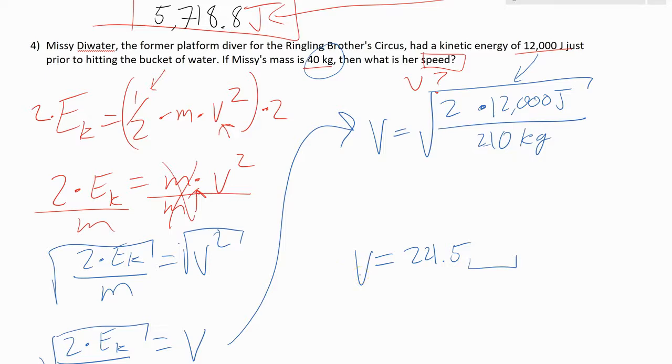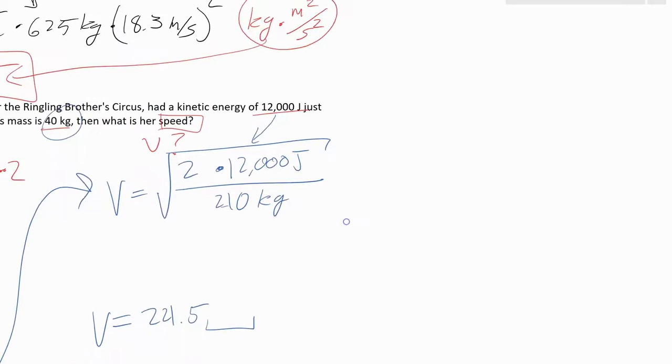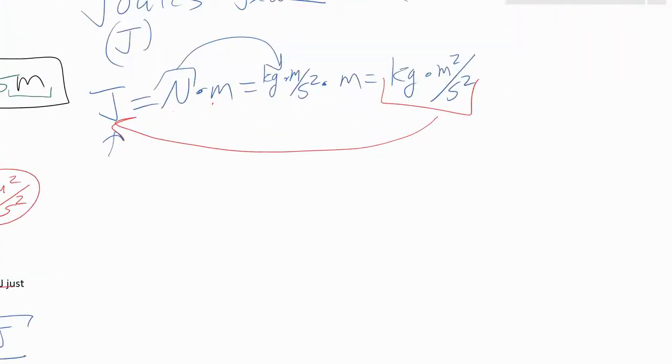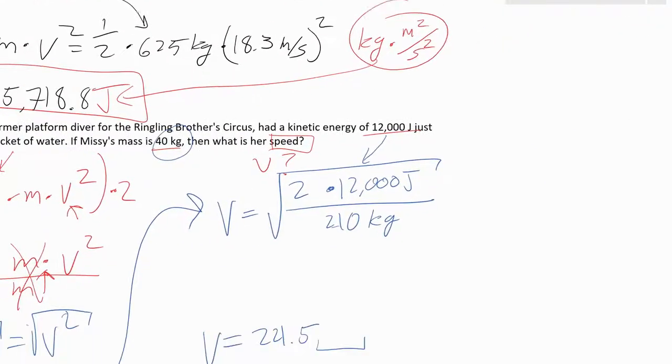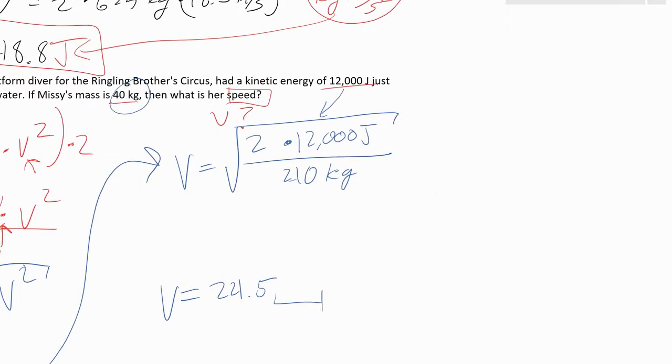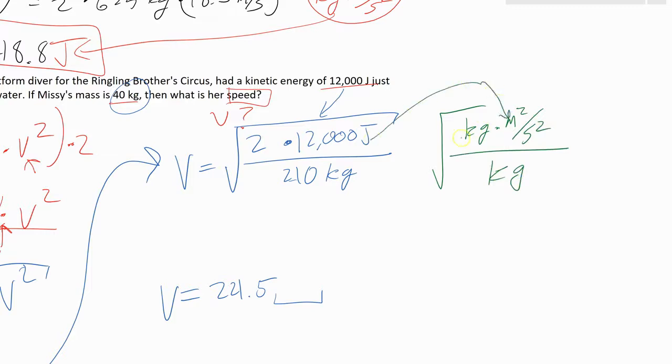Let's double check that. So remember, joules is the same thing as saying kilograms times meters squared per second squared. So let's change colors again just because I like doing that. We end up with the square root of kilograms times meters squared per second squared divided by kilograms.